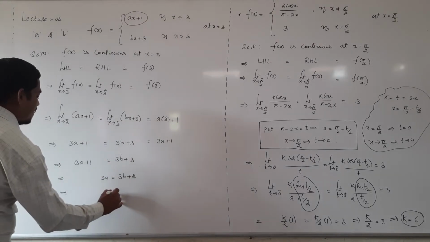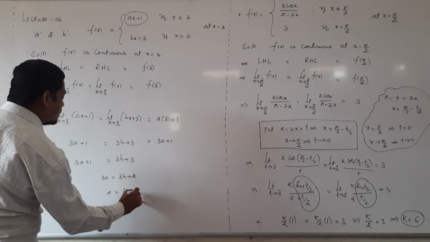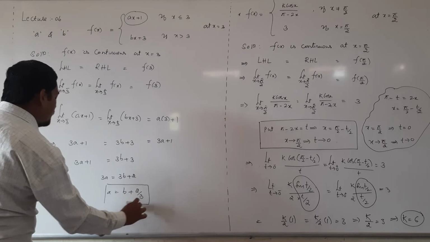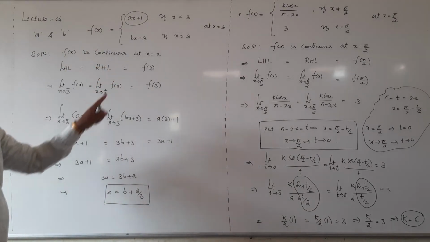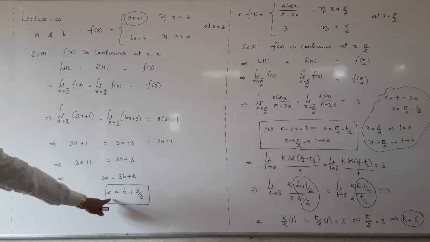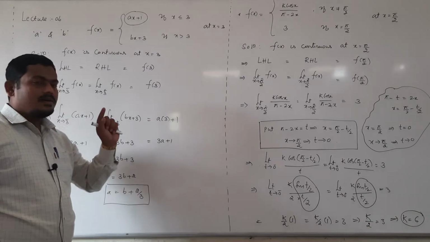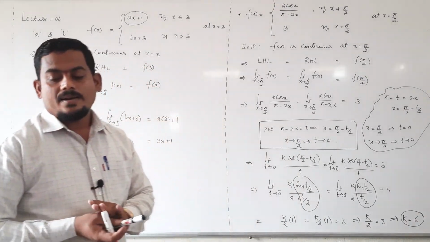Then what is a value? Send it to RHS means it divides, then you get b plus 2 divided by 3. This is our relationship between a and b. Once function is continuous at x equal to 3, then relationship between small a and small b is a equal to b plus 2 by 3. This is relationship between a and b.